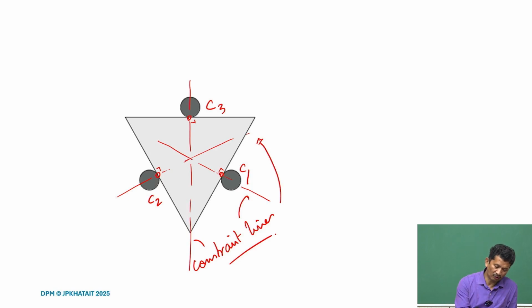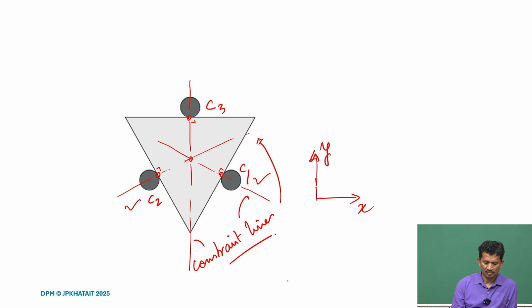Now, they are all intersecting because of the geometry of the object, and what we realize is that one of them is redundant because it is not providing any additional constraint. For instance, C1 and C2 are already constraining your x and y translations. If we take any pair, C1, C2, C2, C3 or C3, C1, actually they are providing the same constraint, x and y translations.